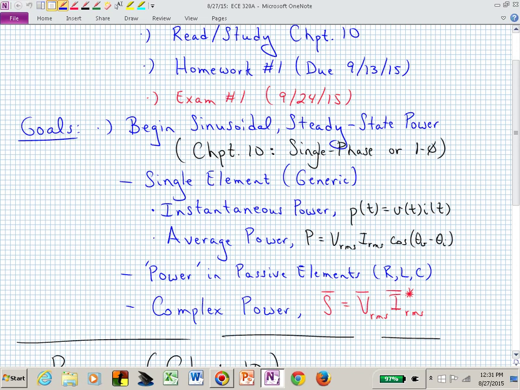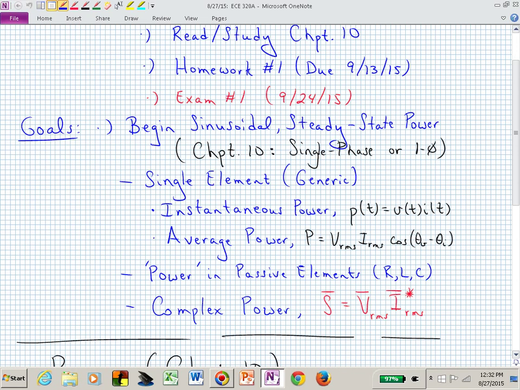We can have instantaneous power. Here are some formulas that you probably need to get comfortable with. There's the average power that we talked about last time, and you can see that there are no scaling coefficients in there. There's no 1/2 because the 1/2 has been absorbed as the square root of 2 times the square root of 2 underneath the Vmax and the Imax, and those have been absorbed into a magnitude value for VRMS and a magnitude value for IRMS.